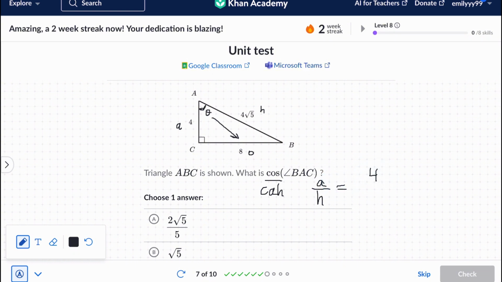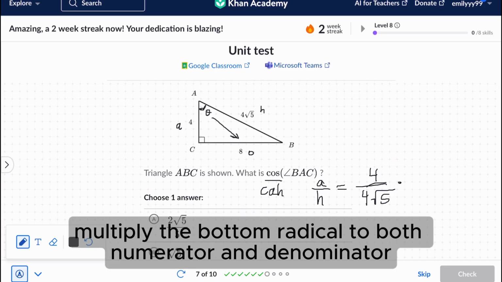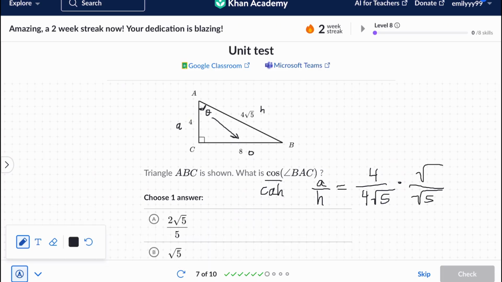4 over 4 times the square root of 5, but we don't want radicals at the bottom of a fraction. We never want that. So we multiply the bottom radical, square root of 5 times square root of 5, which gives us 5, and 4 times 5 is 20, so the denominator is 20, and the numerator is going to be 4 times square root of 5.